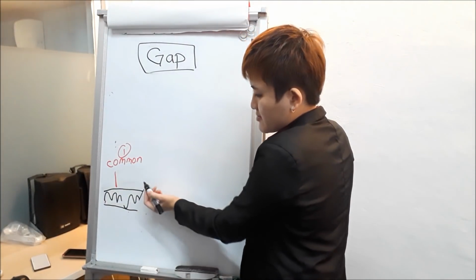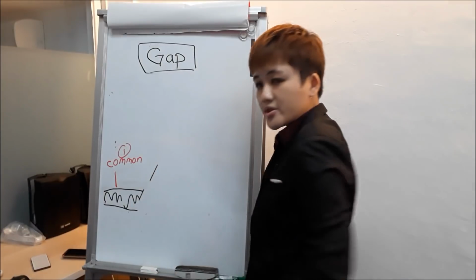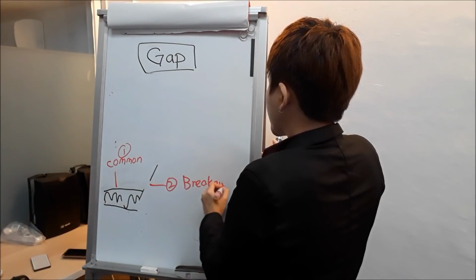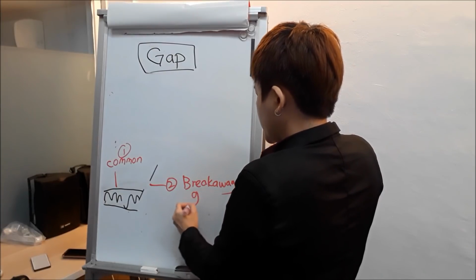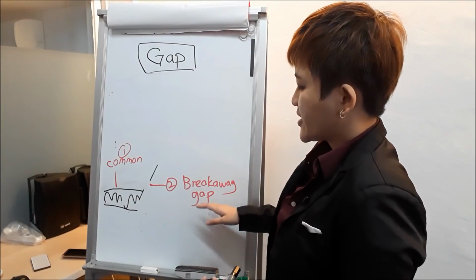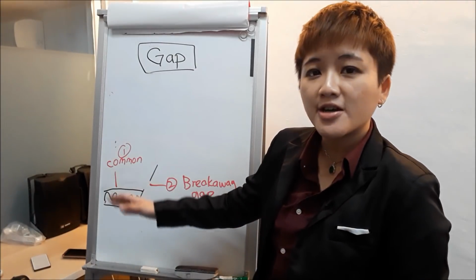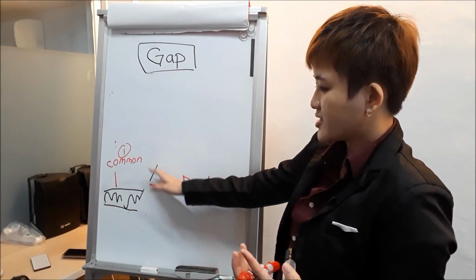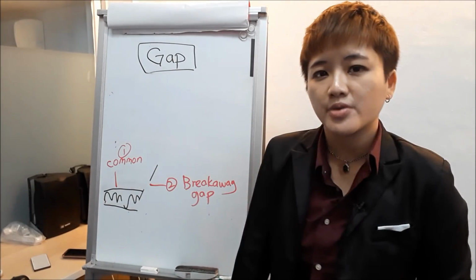So if there's a breakout and there's a gap upwards, there's a gap over here, this is what we call a breakaway gap. It's a breakout from the range. It doesn't have to break up from a range, it can break up from a chart pattern. If you have a chart pattern and it gaps upwards, it's also considered a breakaway gap.